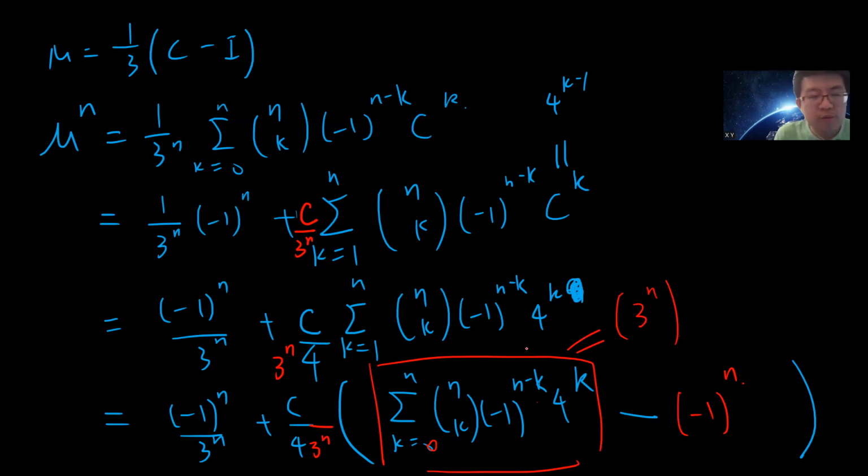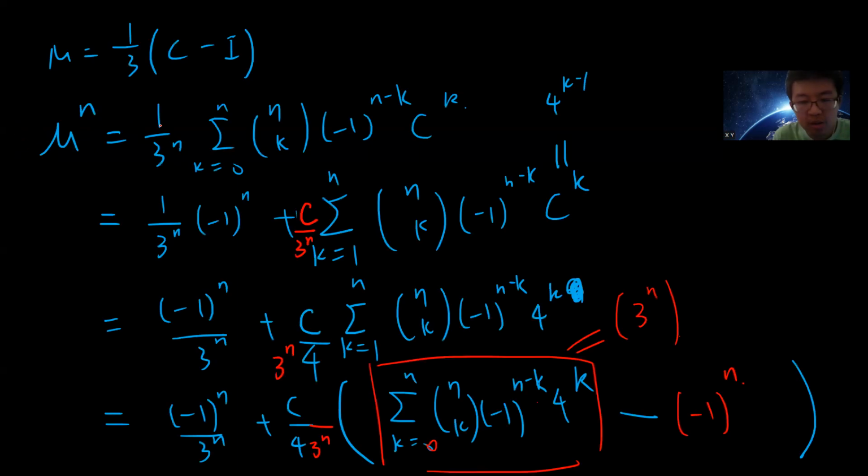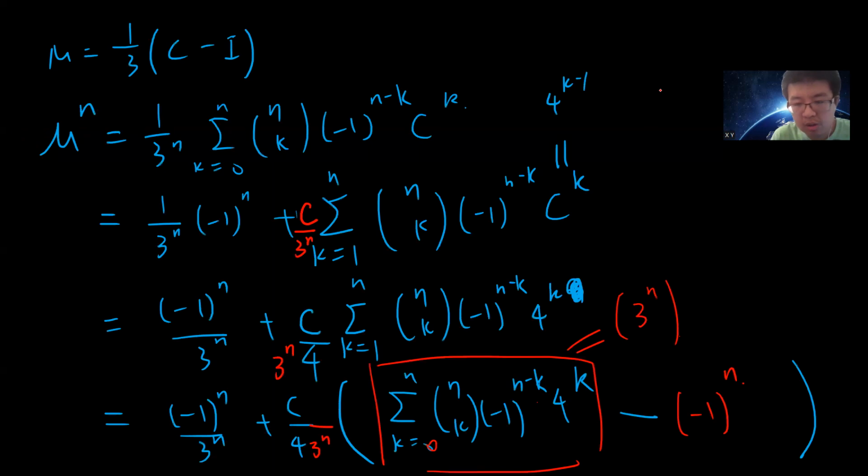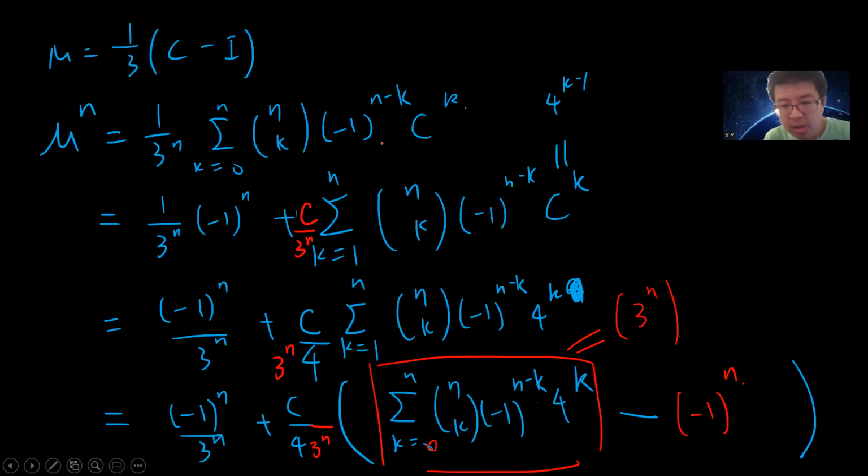Finally, your M to the n will be (-1) to the n divided by 3 to the n, plus C divided by 4 times 3 to the n minus (-1) to the n over 3 to the n. This should be correct. Yeah, should be correct.